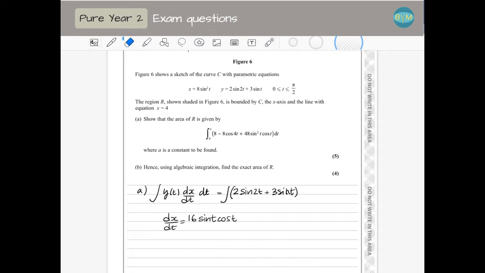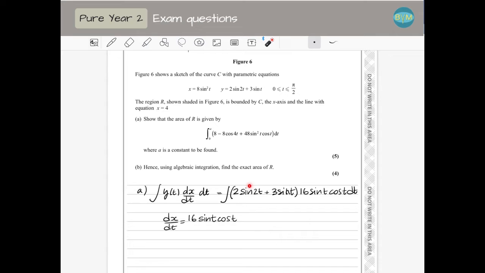So this is the first part, and what I'm going to do is substitute here, times 16 sine t cos t dt. So this expression somehow has to become this one. We have a bracket. The first thing I would do is to multiply the bracket. If you multiply the brackets, this second part is going to be 48 sine squared t cos t, which is precisely this.